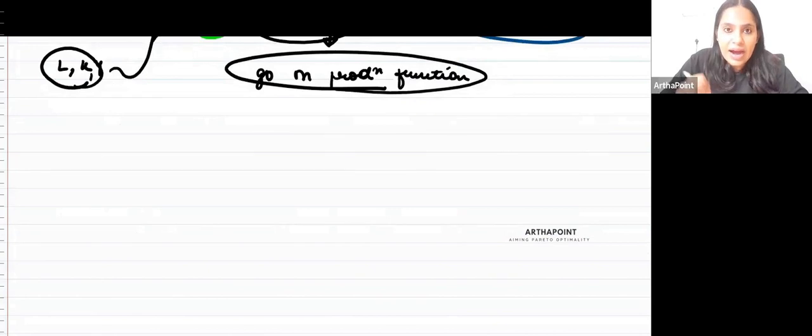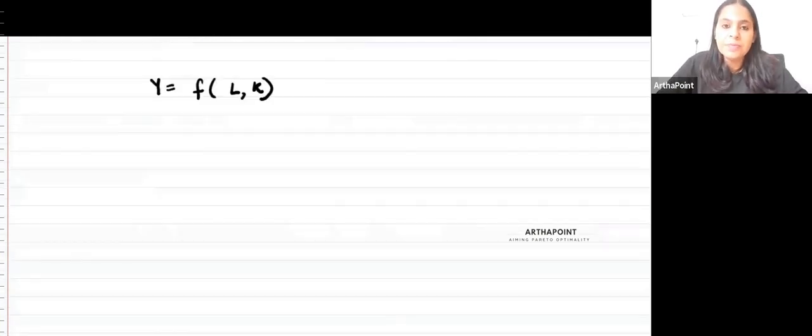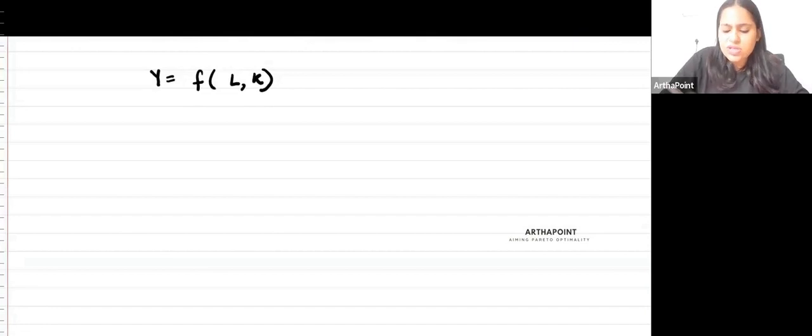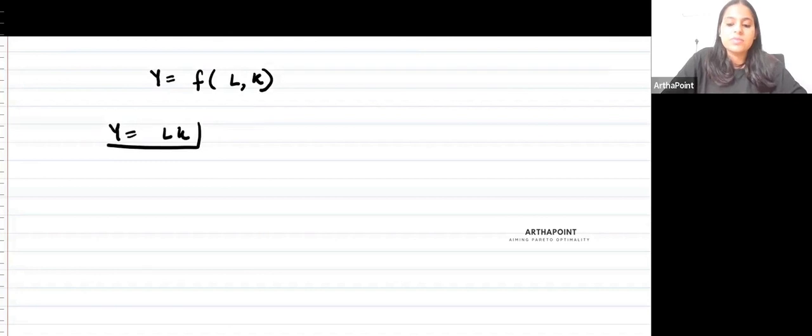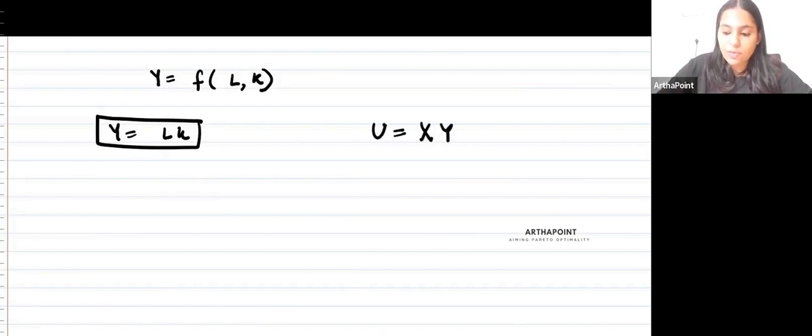Ideally, when I say Y is a function of labor and capital, you'll do this again in maths. But just supposedly I tell you Y is L times K. This is very, very similar to what we have done in consumer theory also, where I say utility is amount of X into amount of Y.